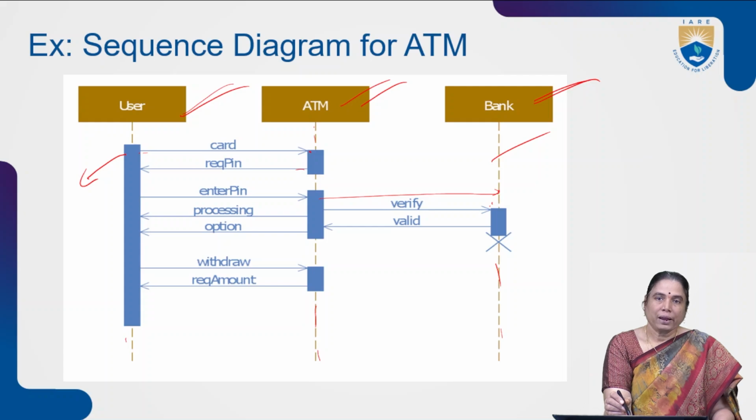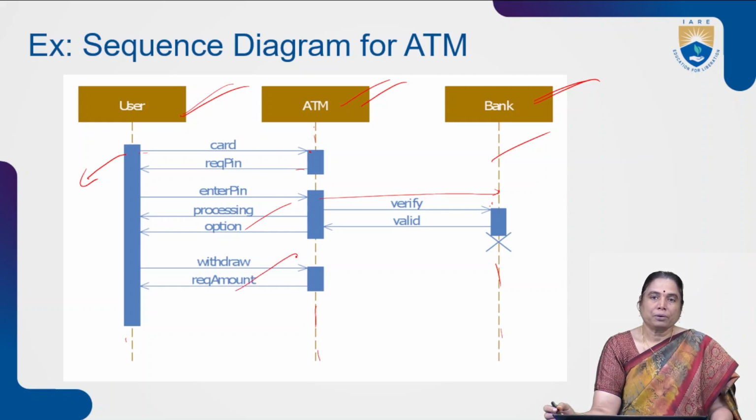If it is verified as the correct and validated PIN, requesting to select the option, the user selected the withdraw option and withdraw fund can be carried out. So like this, the sequence diagram is used to model the activities to perform a transaction from the software.